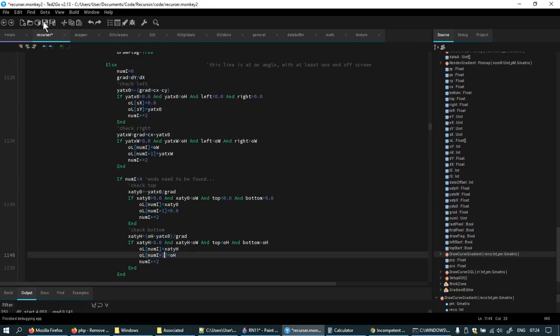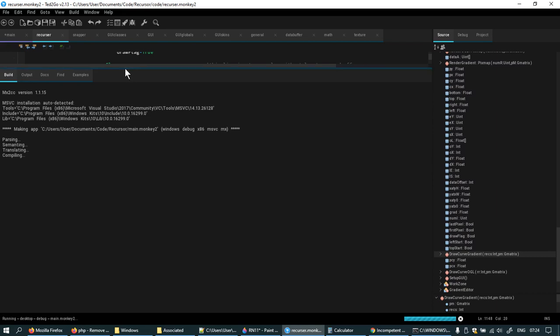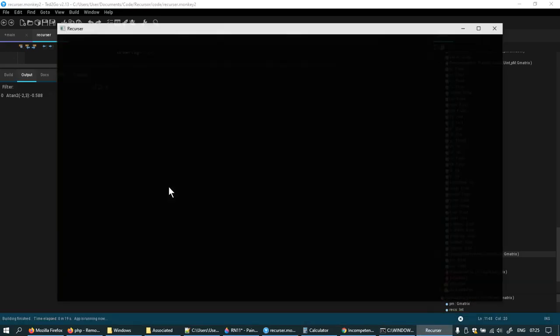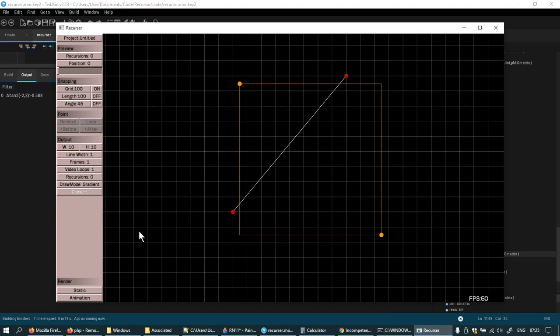I think I may have just... Don't speak too soon. I also have to solve the problem with the first and last pixels, and I think I'm going to approach it slightly differently to the way that I did. In fact, I'm going to approach the little loop that draws the line slightly differently.